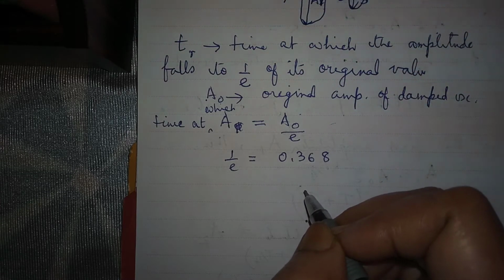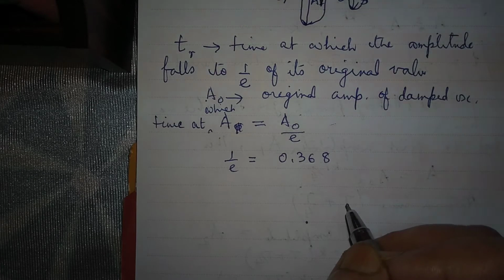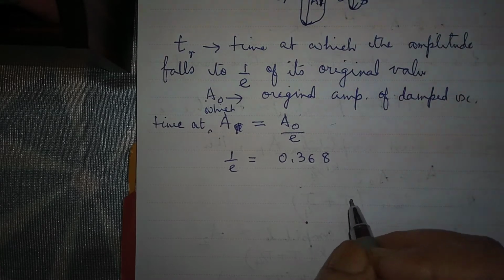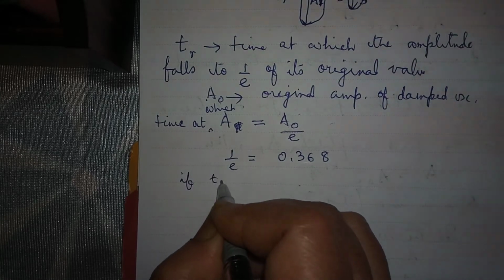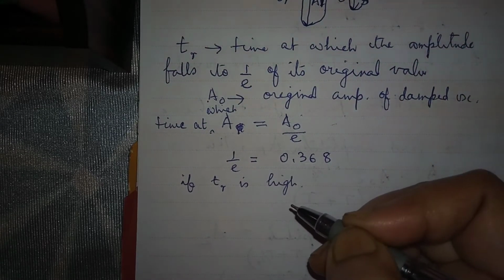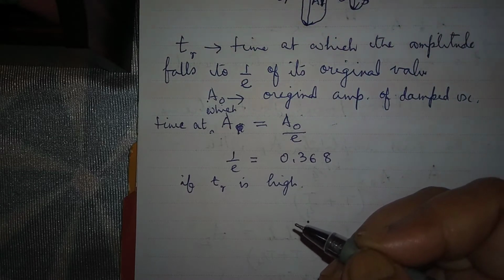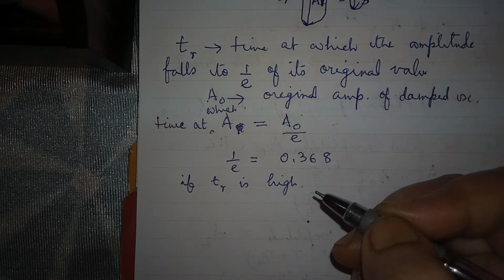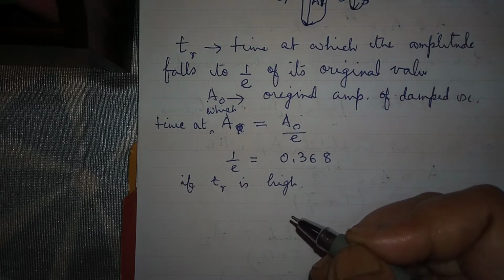So what conclusion can we draw from here? Higher is the relaxation time, slower is the rate of fall of amplitude, and hence slower is the rate of dissipation of energy.